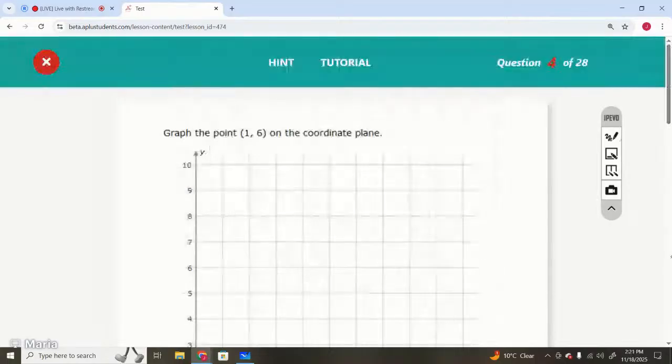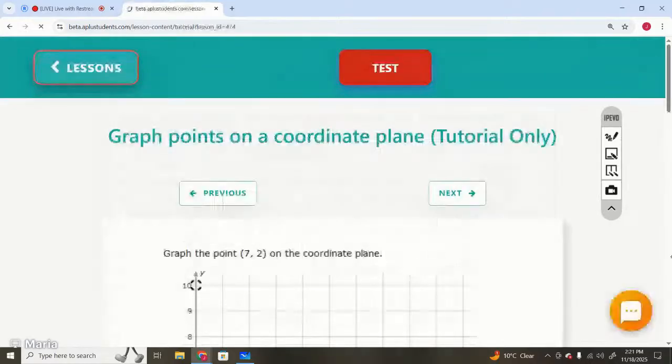Okay, I think we have to move to the next lesson because we don't have the proper tutorial for this lesson. So let's just move on to next lesson.